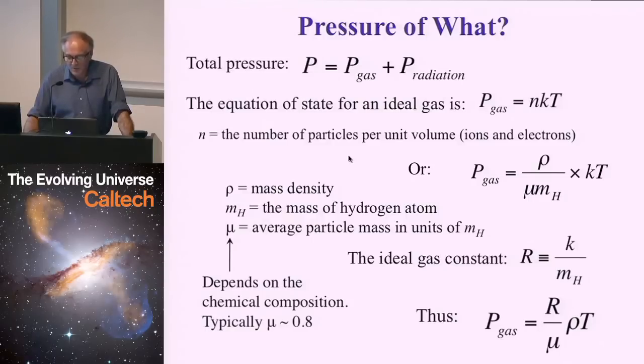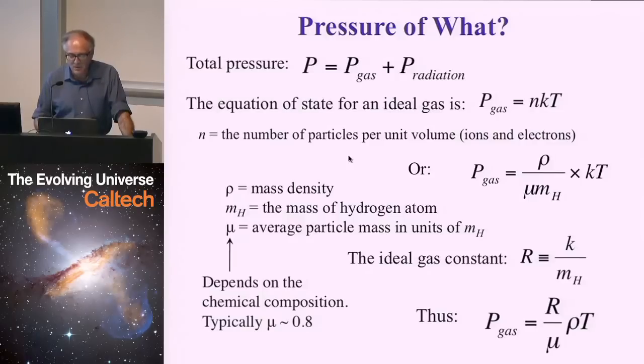Another way to do it in terms of the gas density is that you replace the number density of particles with the mass density, and then, because it's the number of particles, you divide the mass density by the mean mass of particles. And we like to express this in units of the mass of hydrogen.